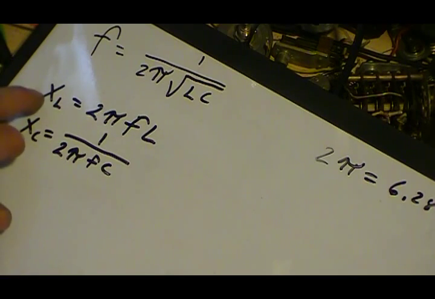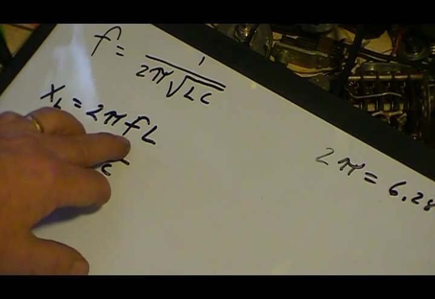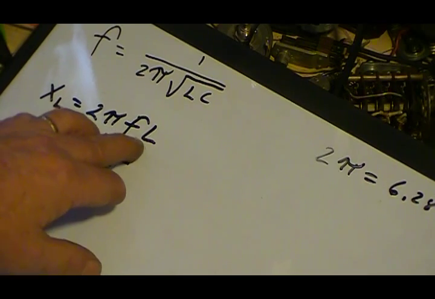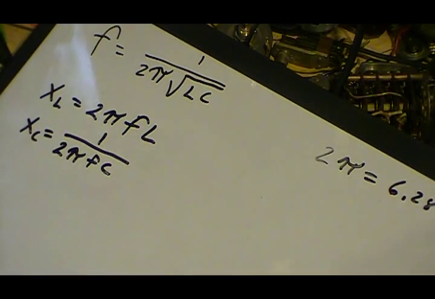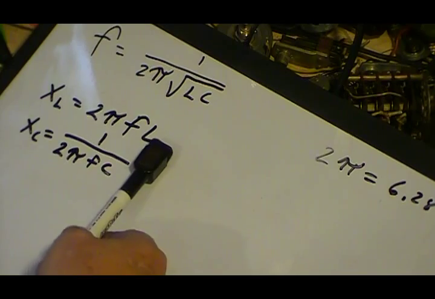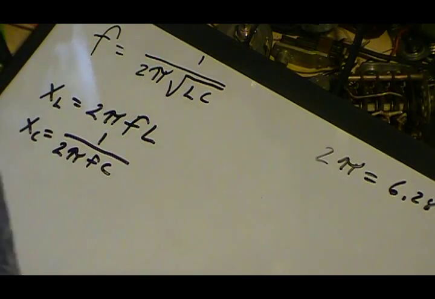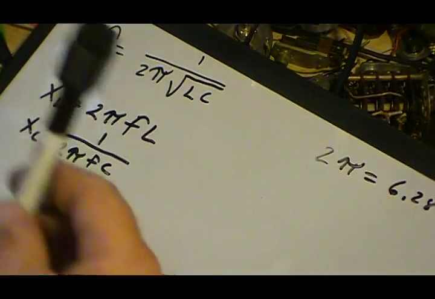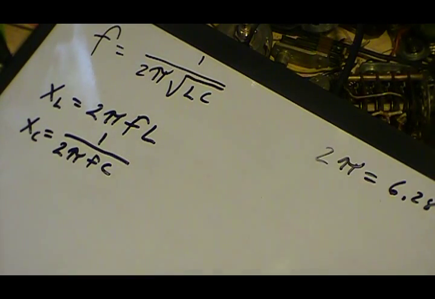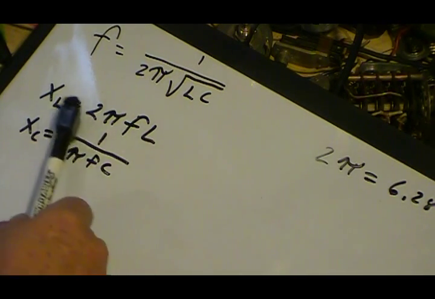X sub L is directly proportional with respect to F and L. Basically all that means is whatever F and L do, if they go up, it goes up. If they go down, it goes down. And that's one thing I want you to really pay attention to on this.